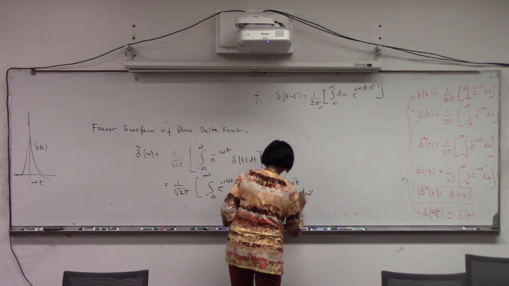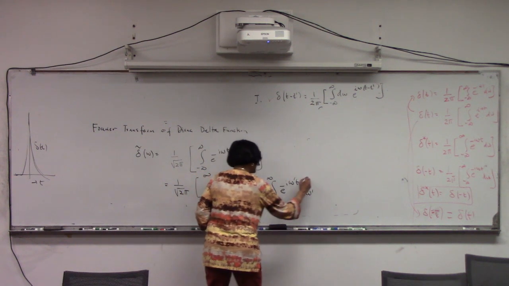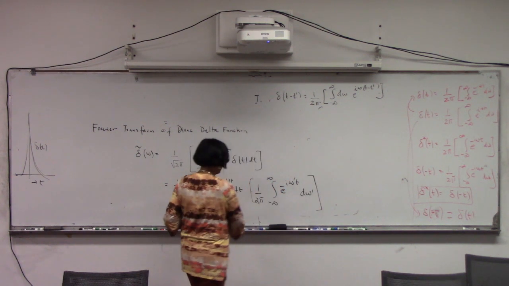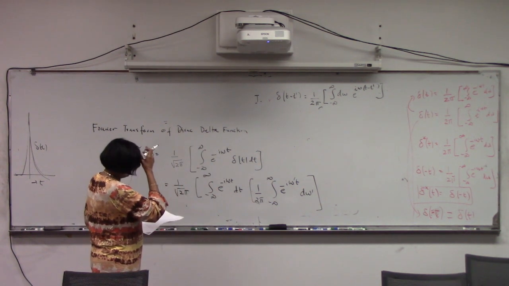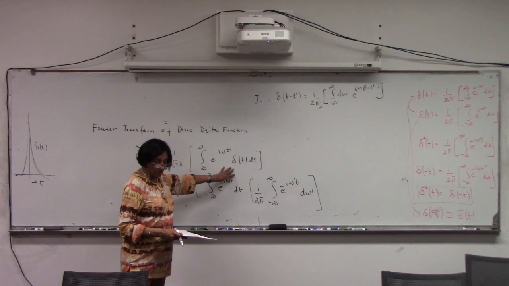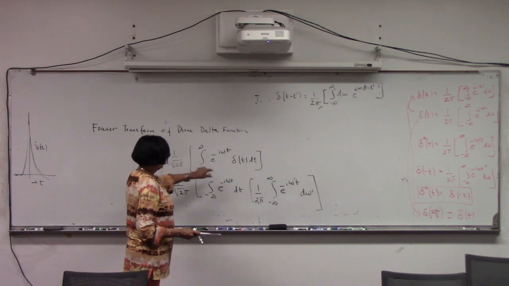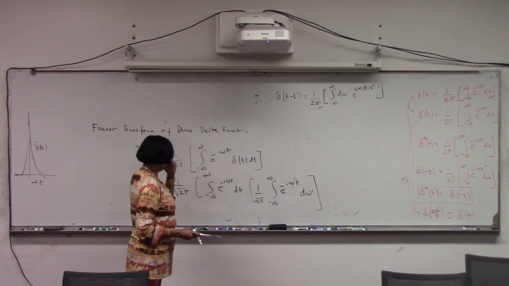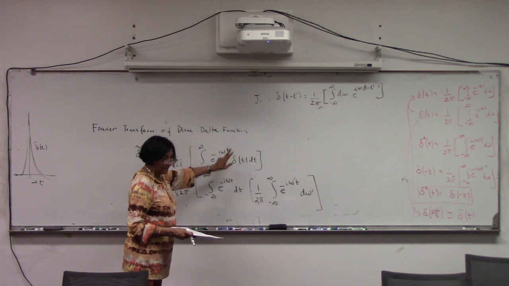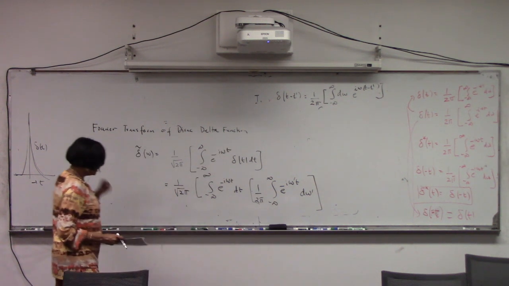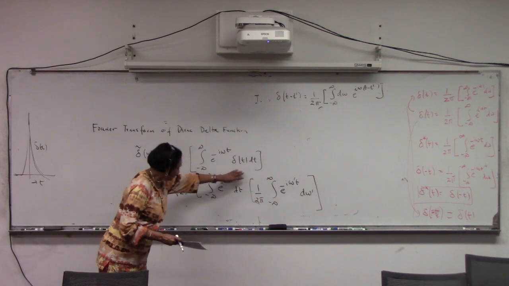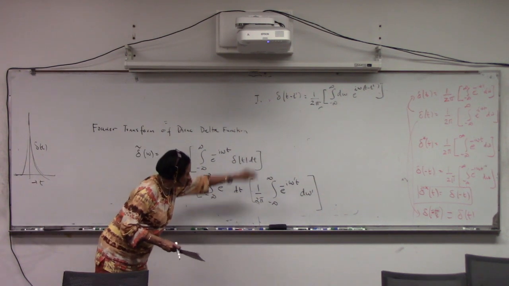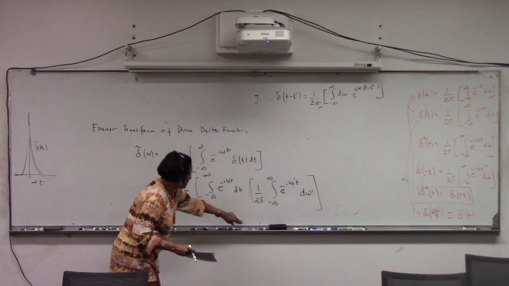Omega is a dummy variable, so I made it omega prime because I already have omega here. I've done nothing, I've just used the definition of Fourier transform, using delta t as the function.